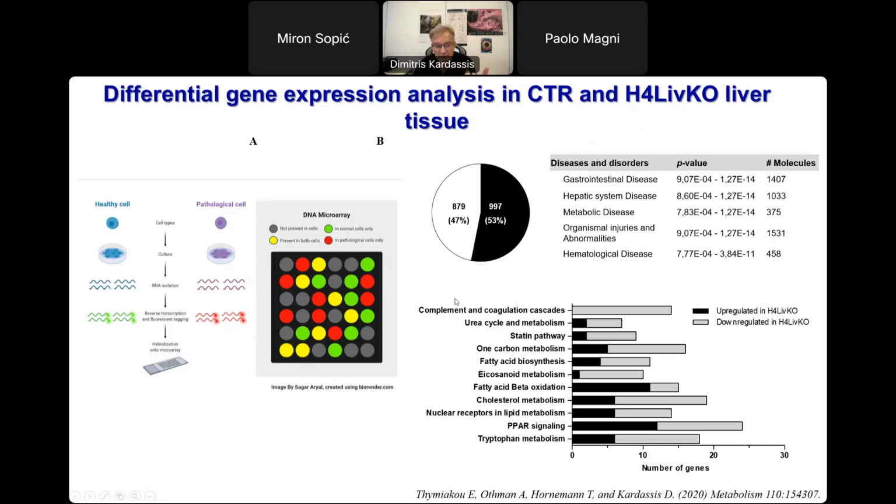We used microarrays in that study to compare the liver transcriptome in the knockout and the controls, and we found many genes. This is the bioinformatic analysis of this data, showing all these diseases and pathways which are affected in the liver of the HNF4 liver knockout mice. Of course, we identified fatty acid and cholesterol metabolism, PPAR signaling, and many others.